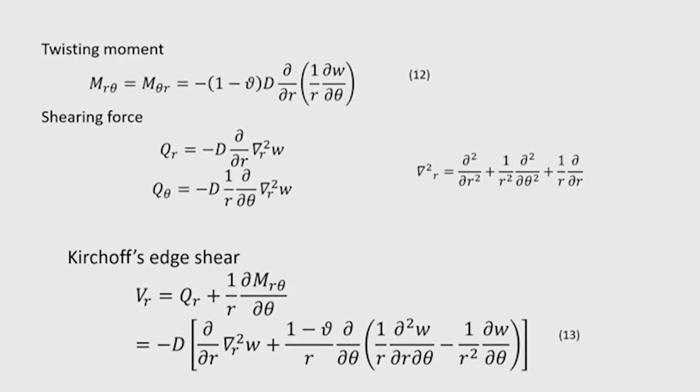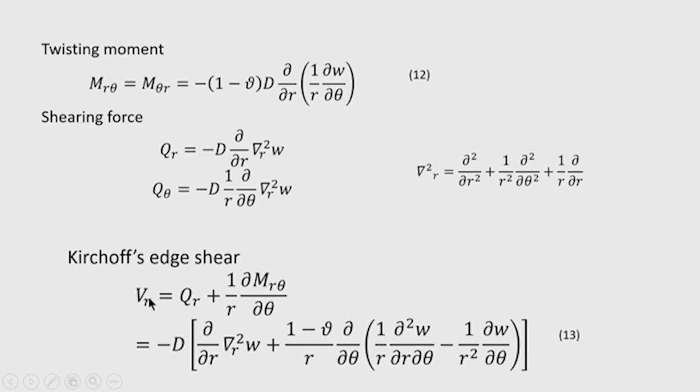That has been pointed out by previous authors, and Kirchhoff modified the equation of the equivalent shear, that is the shear force along the edge. He expressed it as V r equal to Q r plus 1 upon r del M r theta by del theta. So, this is the quantity where M r theta or M theta r has to be substituted from this quantity and Q r has to be substituted from here.